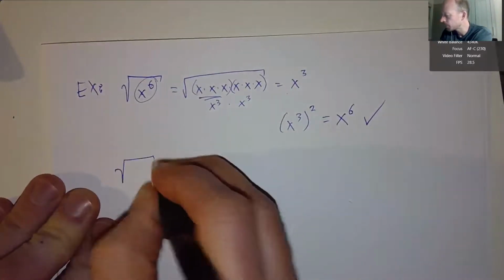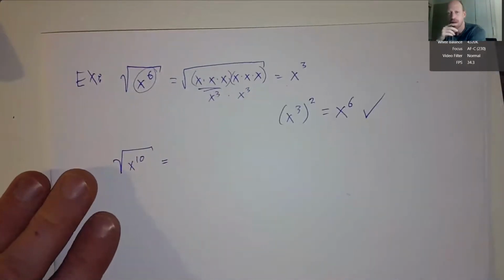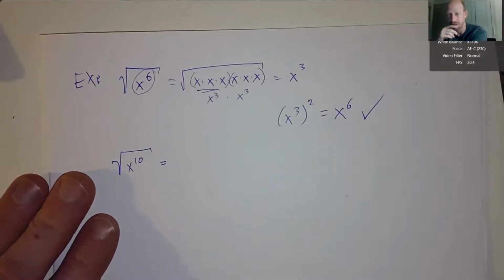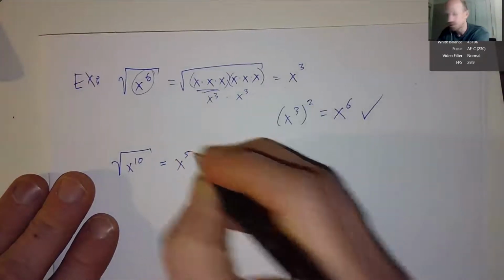What about the square root of x to the 10th? I don't really want to write this out like I did the last one. I could, I suppose, but we can use our mind's eye to figure out what this must be. The square root is breaking it into two equal pieces. Each of those equal pieces is x to the fifth.